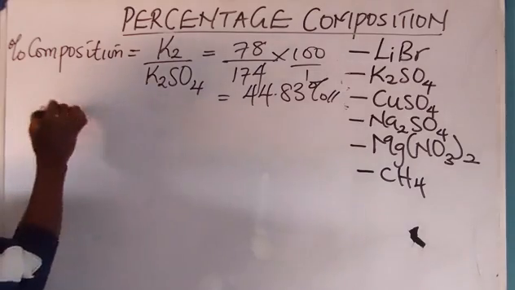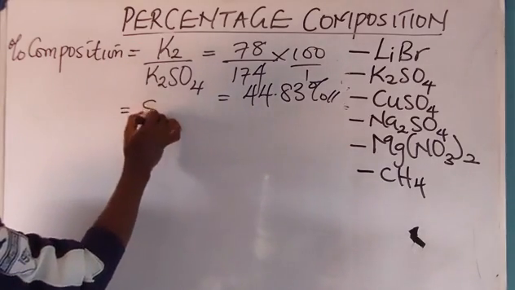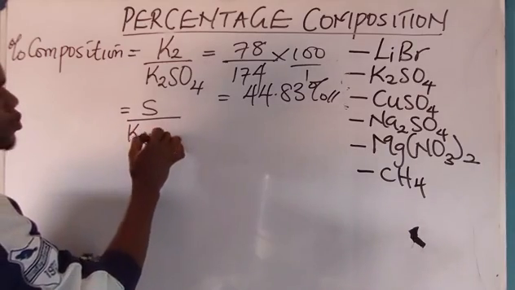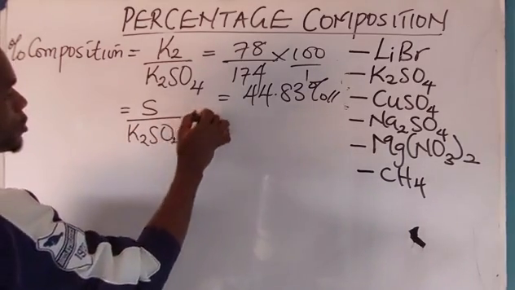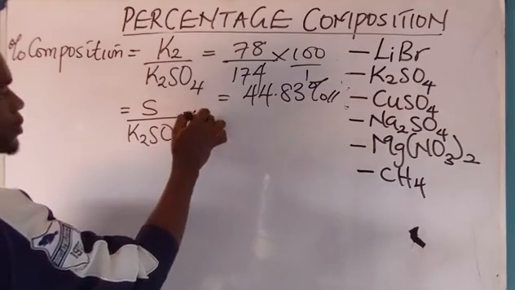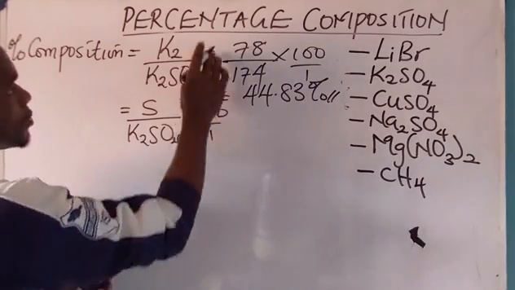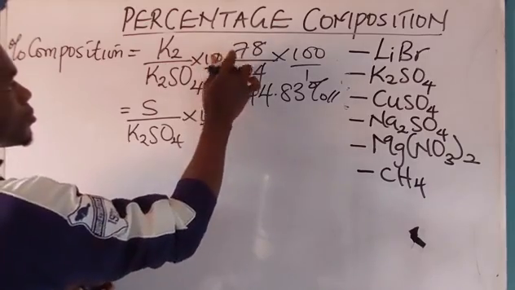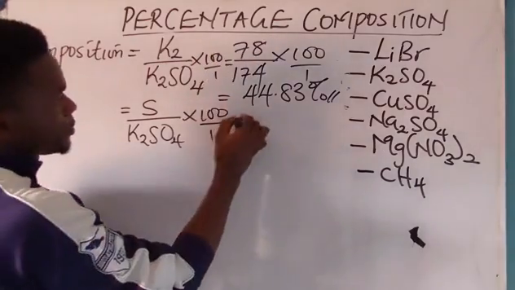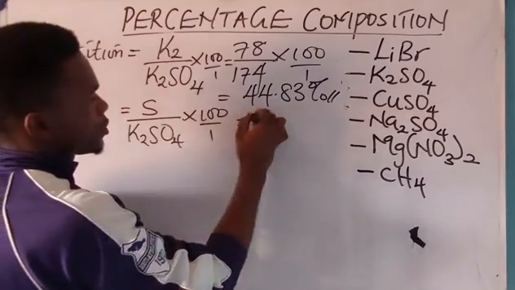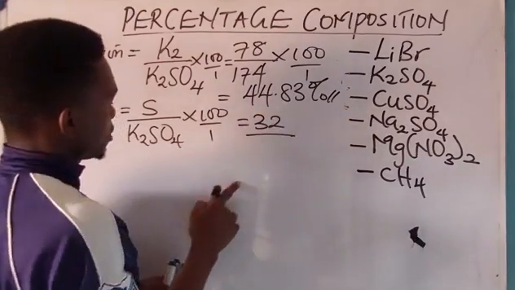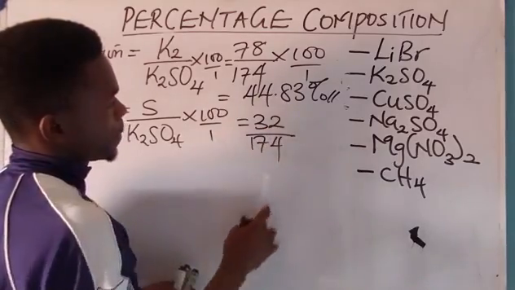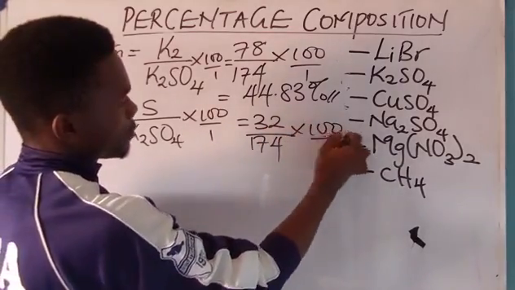Then for sulfur, you have S over K2SO4 times 100 over 1. Sulfur here is 32 over 174 times 100 over 1.